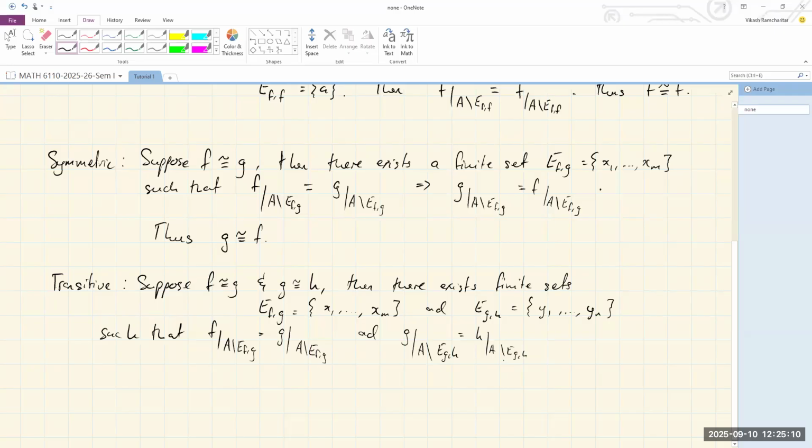So we're just removing from the set A the x's, and f and g are equal to each other on that new set. And we're removing from the set A the y points, and g and h are equal to each other on that set. So that's all the same.